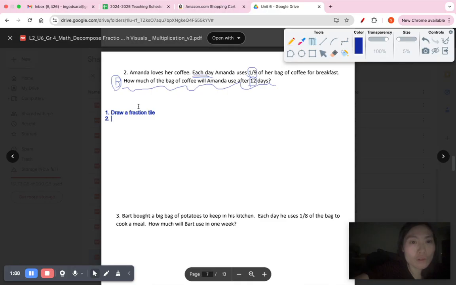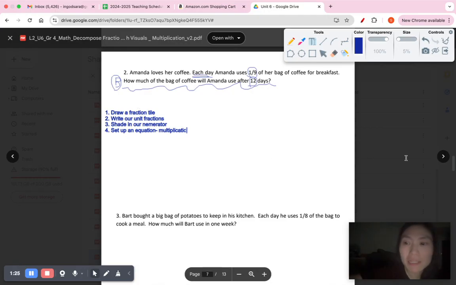Second, we should write our unit fractions. Third, we've learned that we can shade in our numerator. And fourth, set up an equation. And today we are going to show multiplication.